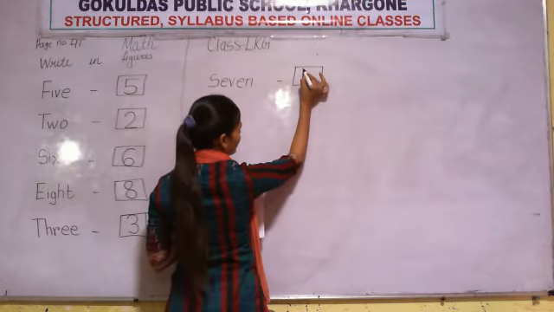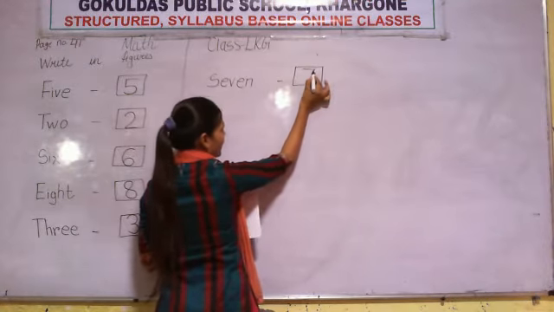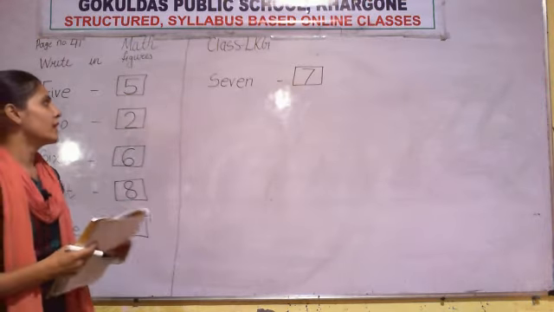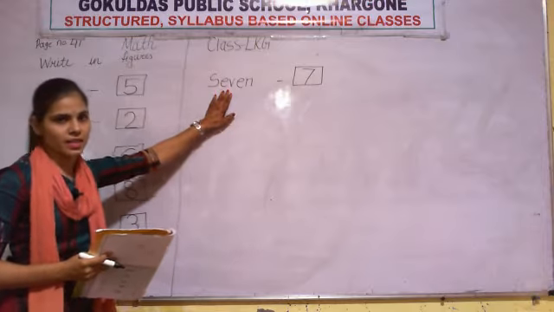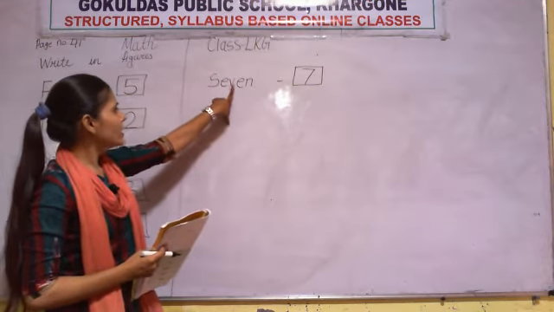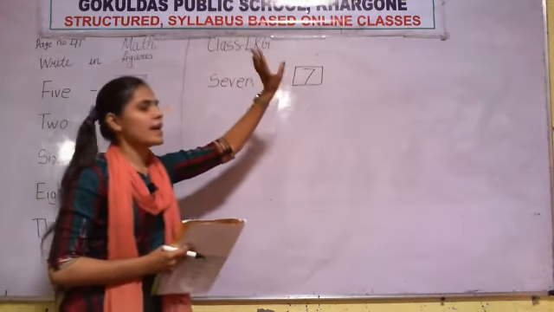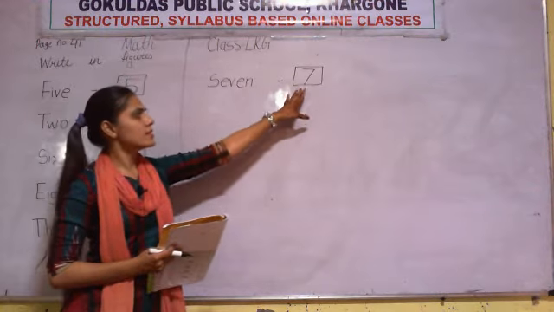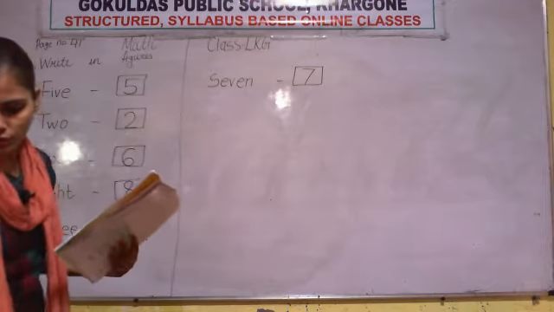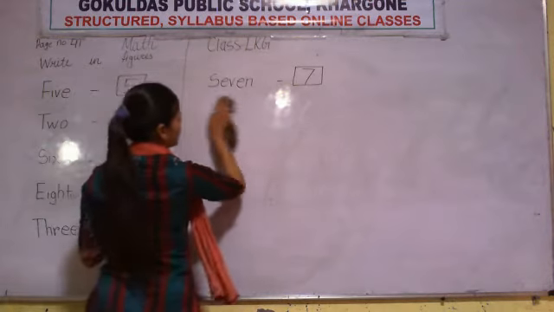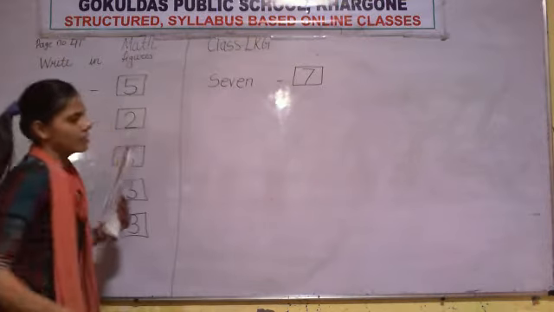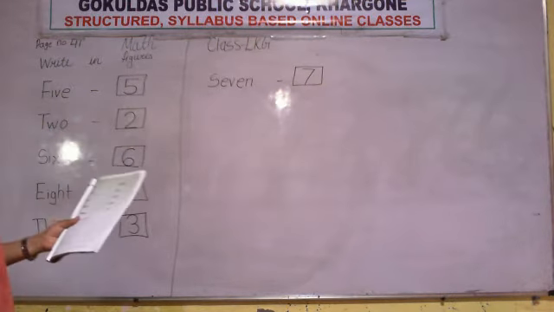First you make a sleeping line and then a slanting line. This is number 7 and this is the name of number 7. S-E-V-E-N, 7. Okay, now next.